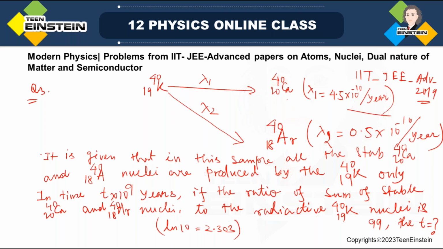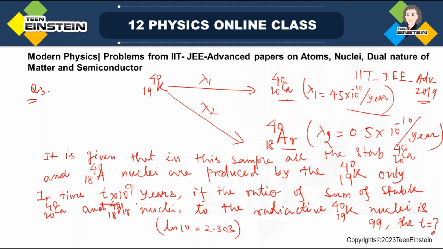I'll just simply repeat the last part of what I have written. So these are two pathways for potassium to decay into two stable products, calcium and argon. And in the sample, all the calcium nuclei and all the argon nuclei are just produced by potassium.